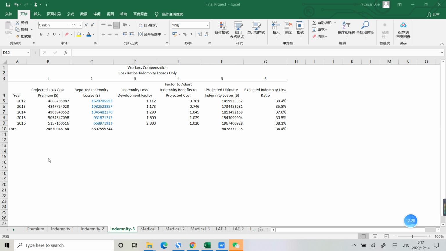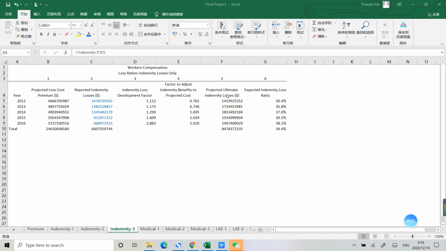It is a projected loss cost premium, so it is the same number. Column 3 and column 4 display the loss development and benefit cost level adjustment factors calculated in the prior 2 sheets. So we can see column 3 is from indemnity 1, and column 4 is from indemnity 2.